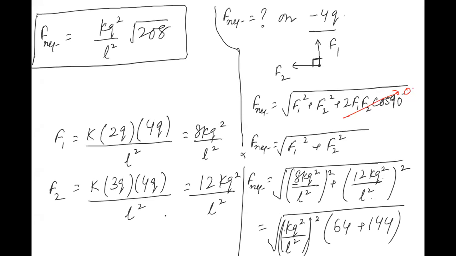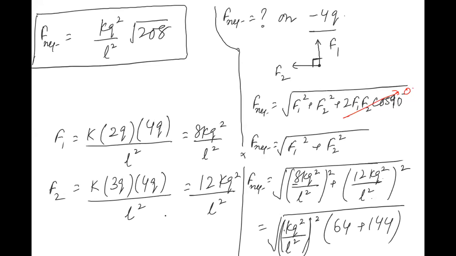You got 4QL root 13. Okay, I don't know, but most of you got this answer as 20 KQ square by L square.